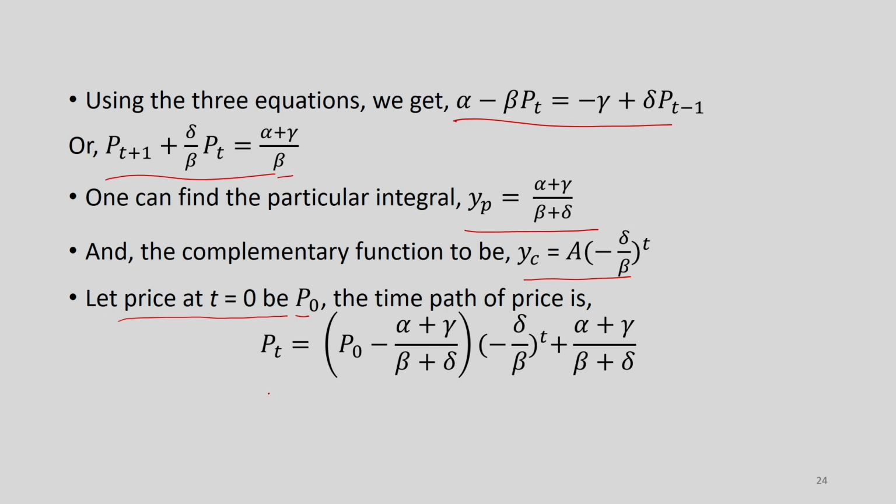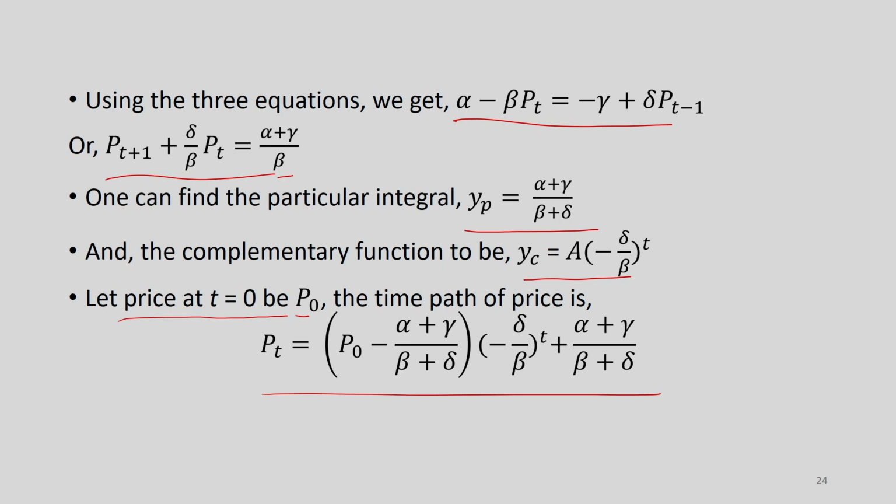In that case, the price will have this time path. It looks like a cumbersome expression, but this is quite logical. We are just replicating what we have seen before as the solution.